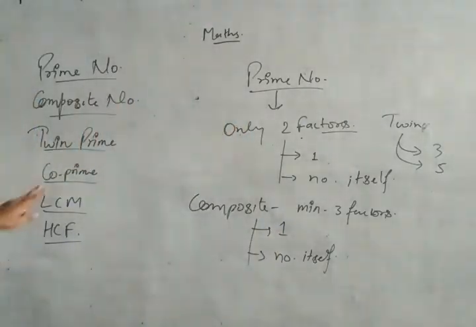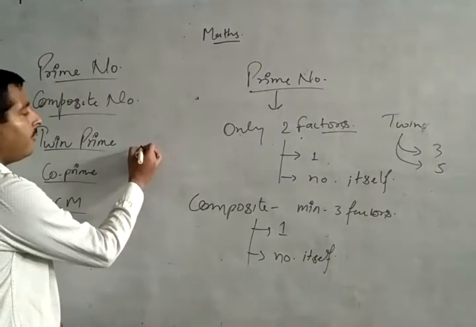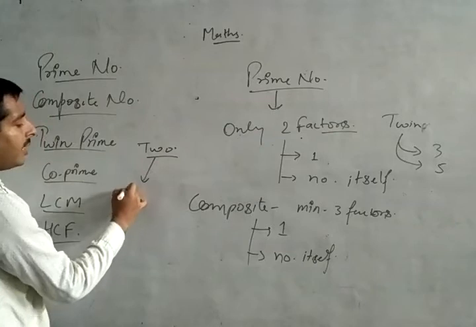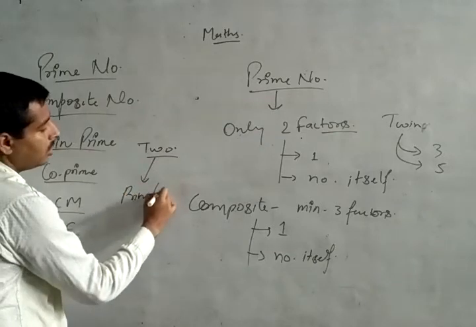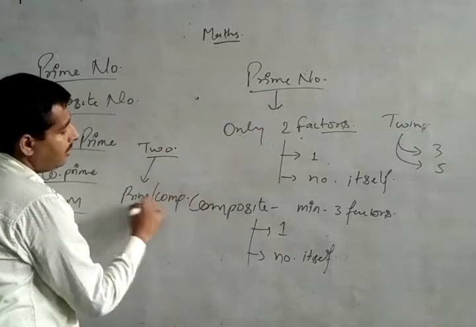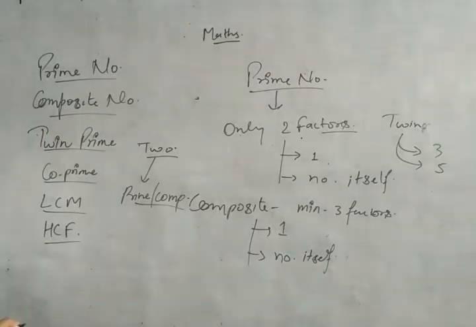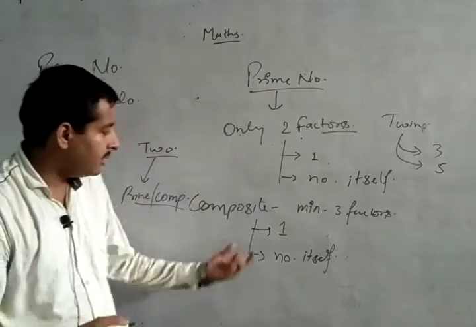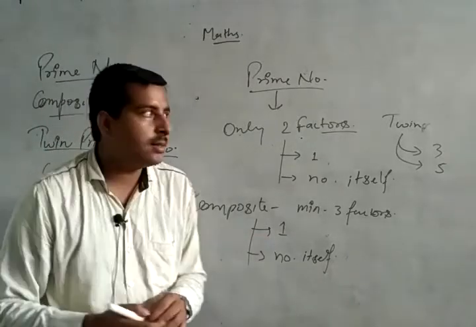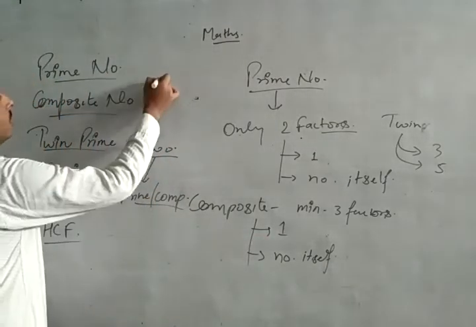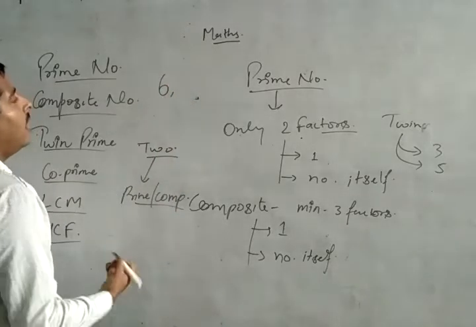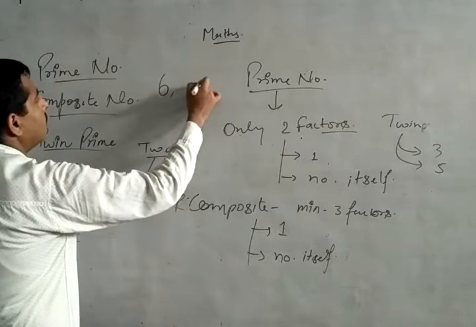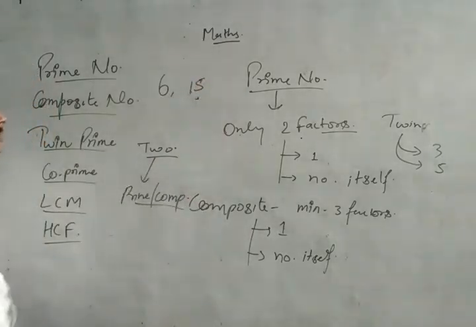Now, next is co-prime numbers. If two numbers, either prime or composite, don't have any common factor except 1. Just take an example of 6 and 25.